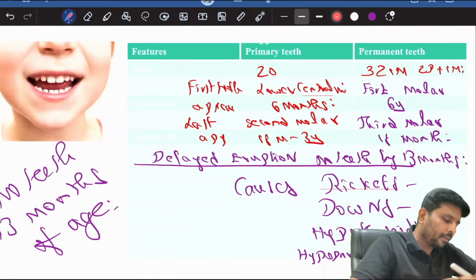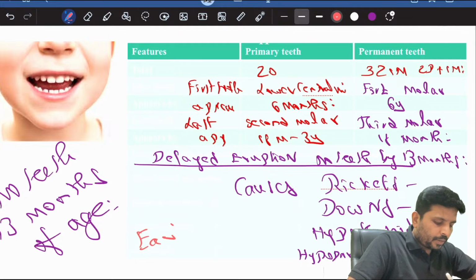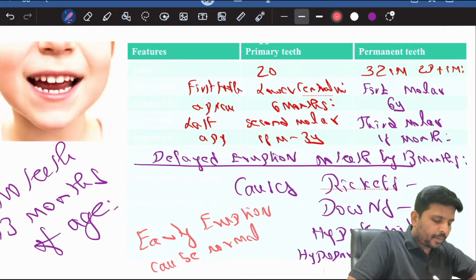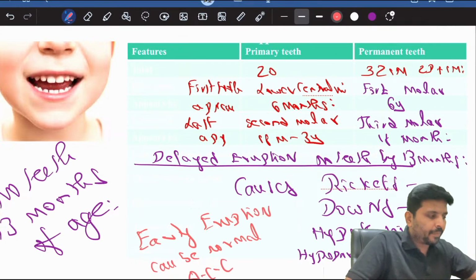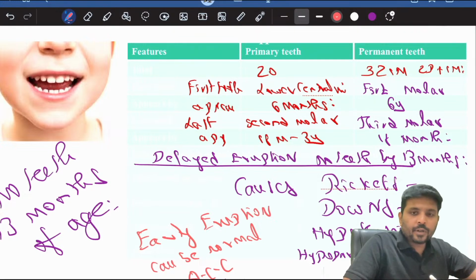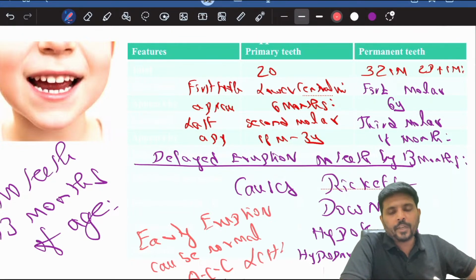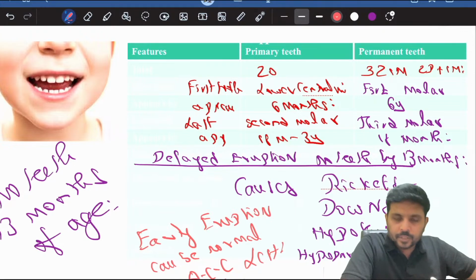At times you can have early eruption of teeth. Early eruption can be normal, but at times it can be a manifestation of acute lymphatic leukemia or Langerhans cell histiocytosis. They are all malignant tumors of children.